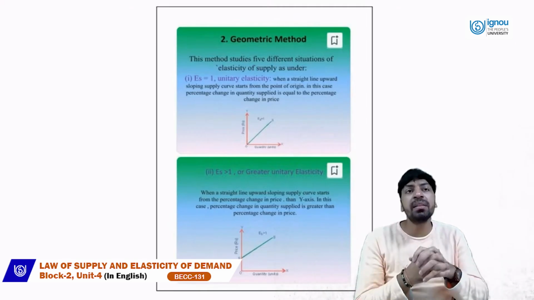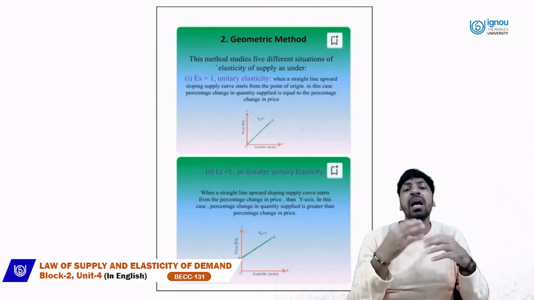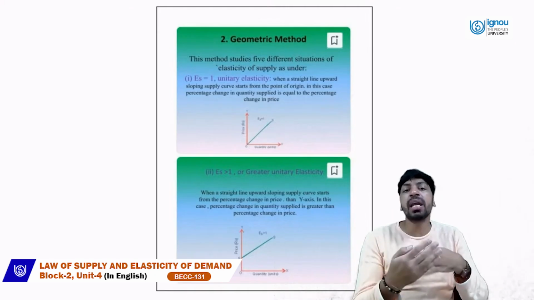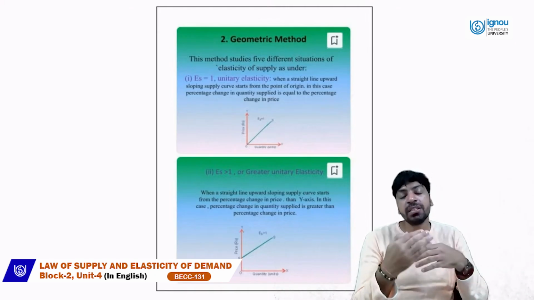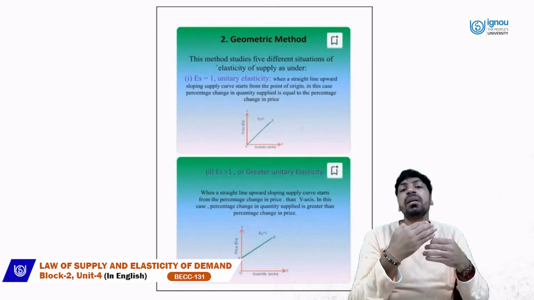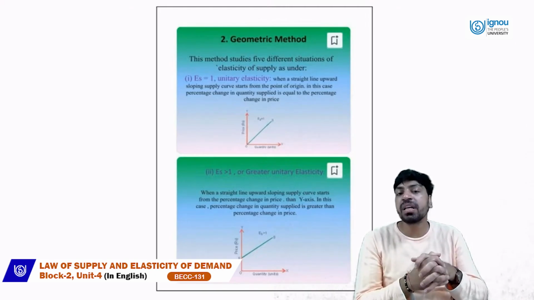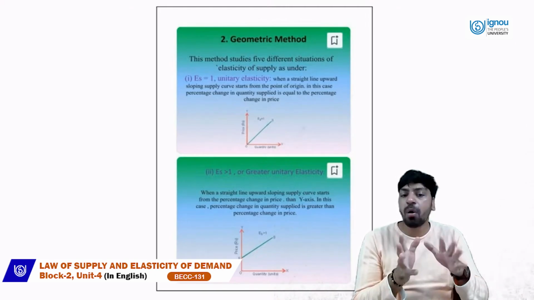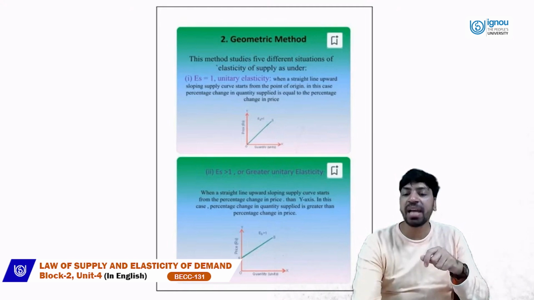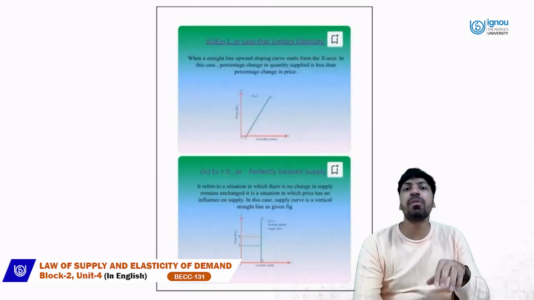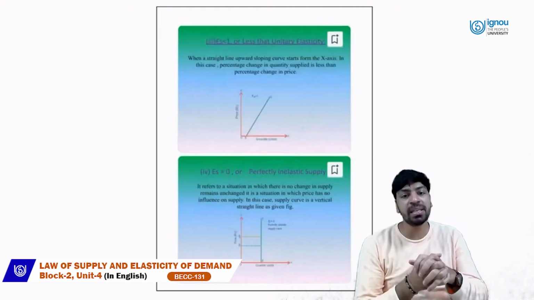The geometric method states how these shapes start in the graphical representation, from the origin as well as the y-axis. When we talk about less than one, it begins from the x-axis.